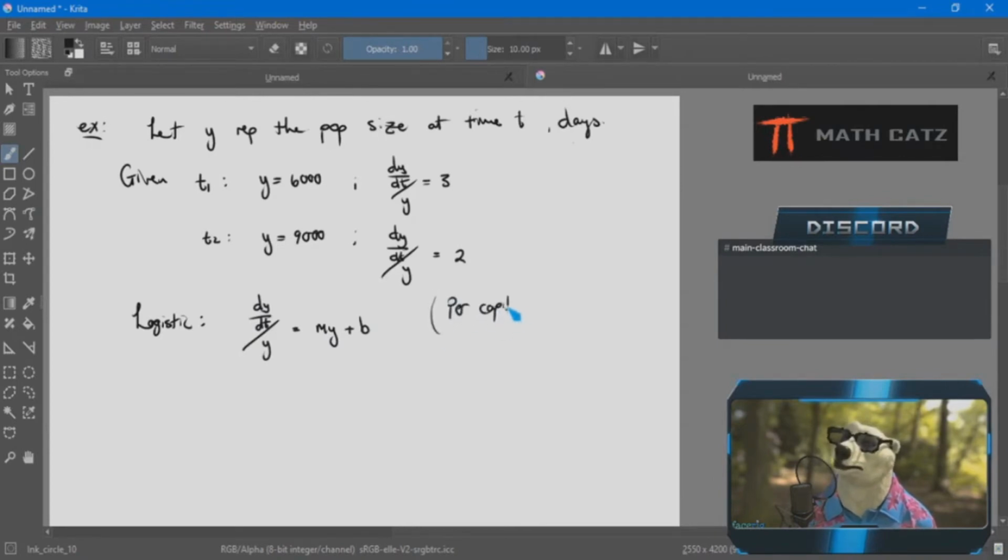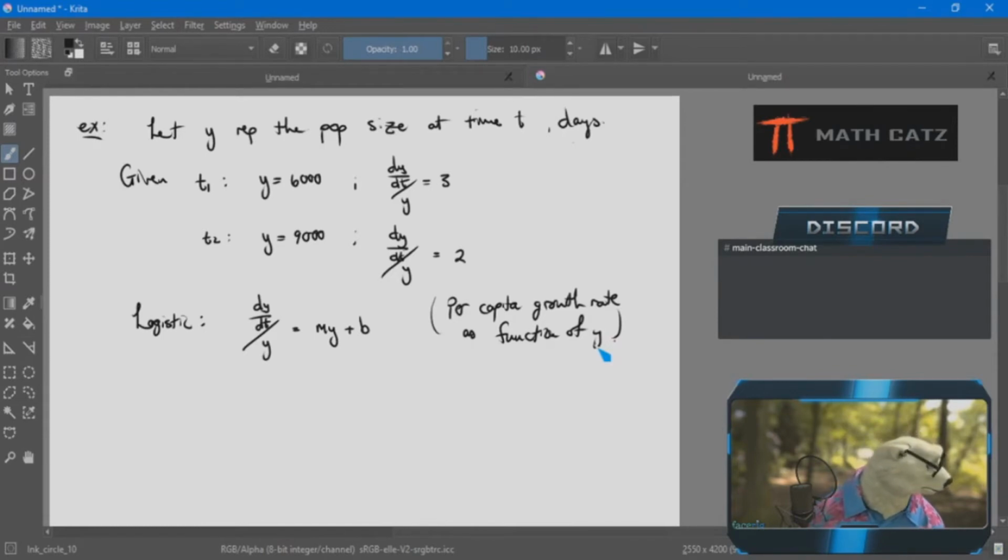Per capita growth rate as function of y. So that might be the little adjustment we need to make. Okay. So it's still the slope m.